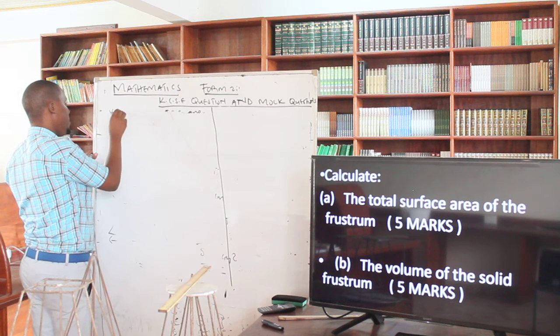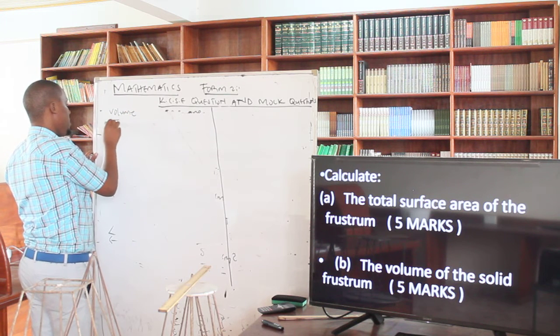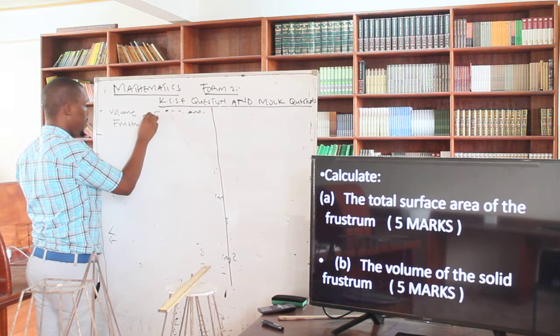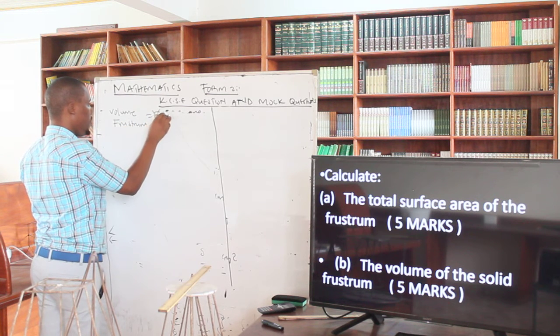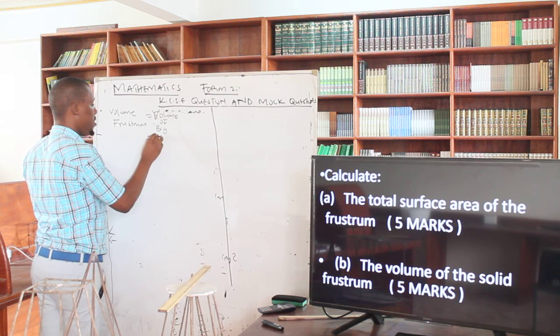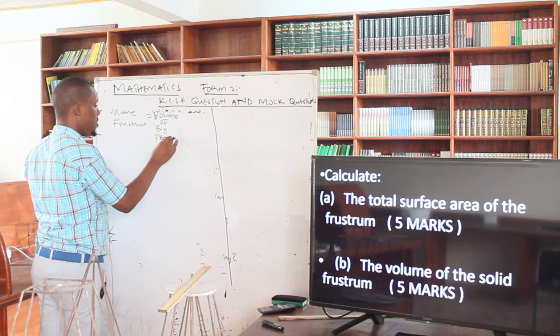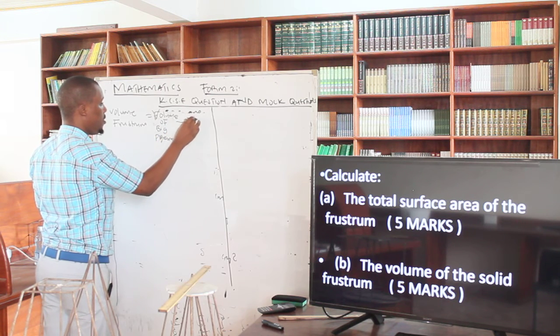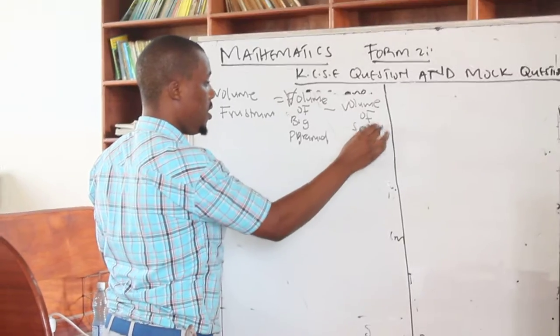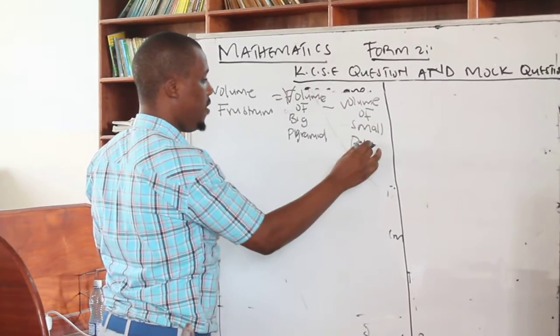The volume of the frustum is given by the volume of the big pyramid minus the volume of the small pyramid, as you are going to see in the next part of the video.